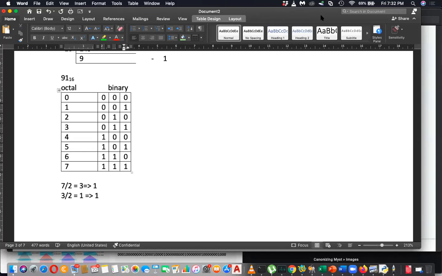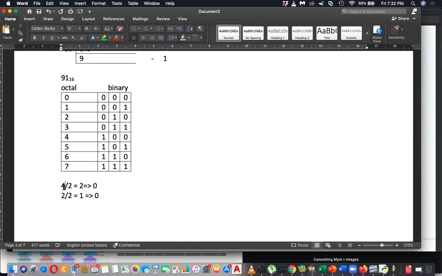Most probably you have taken these by dividing. For example, let's do 4. 4 divided by 2 is 2 remainder 0. 2 divided by 2 is 1 remainder 0. So it is 1, 0, 0. 4 means 1, 0, 0.